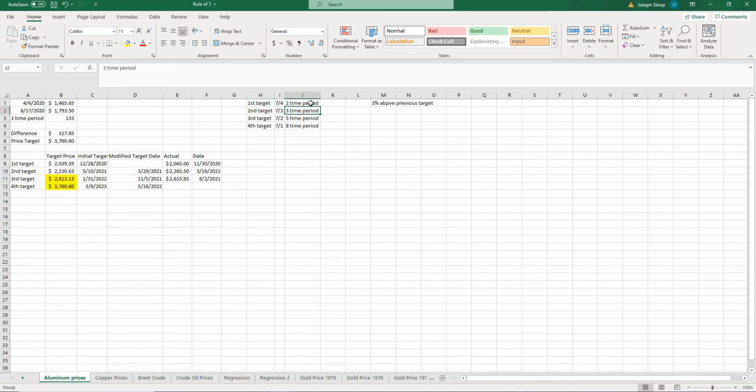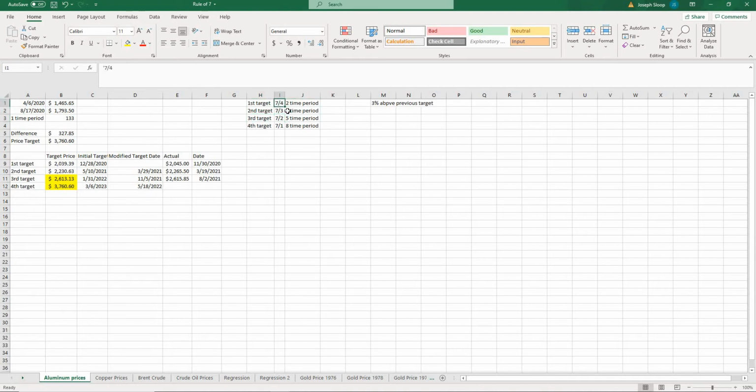And it typically happens that the time period between the low and the first peak tends to be the time for the first target. So if it took 133 days, this is what aluminum prices are showing here, to get from the low to the first peak, then it'll probably take about 133 days to get to the first target, and then it would take 266 days to get to the second target from that low, and so on and so forth.